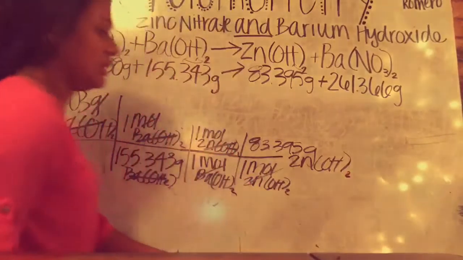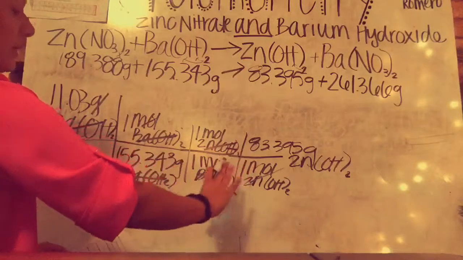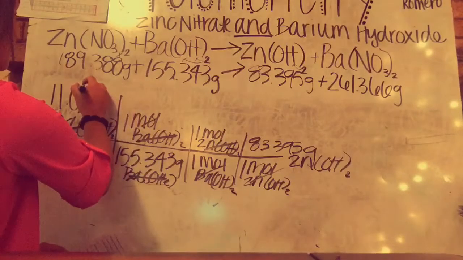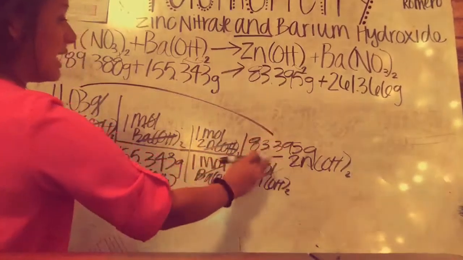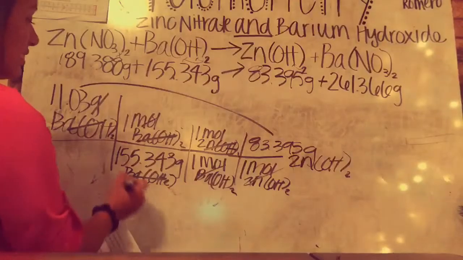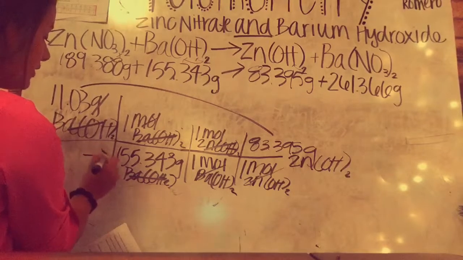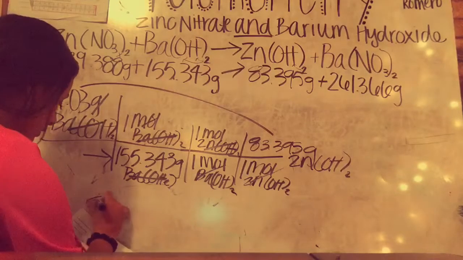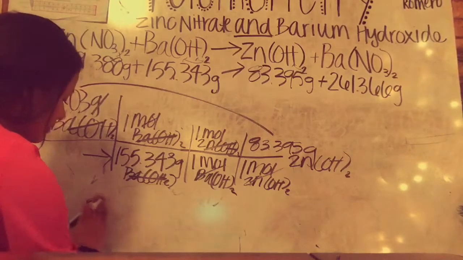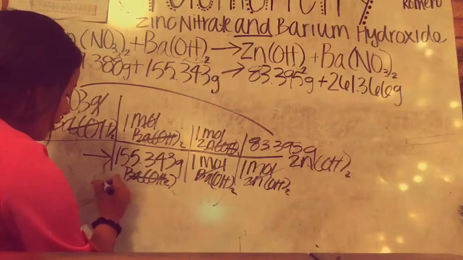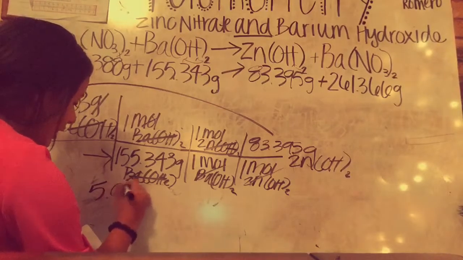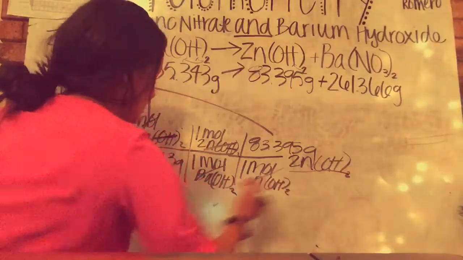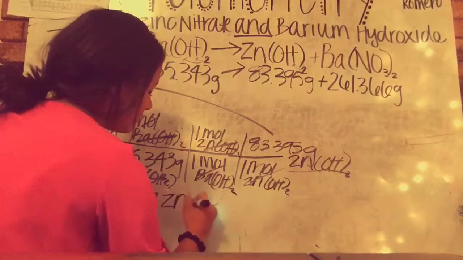And once you have finished this, you have all of your things in the chart. So you're going to multiply 1103 times 83.395 and divide by 155.343, and you will end up getting 5.921 grams, and you're going to be left with zinc hydroxide.